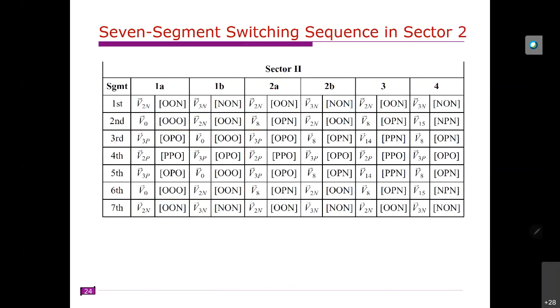Right. So this is the same example for sector 2. Again, sector 2 is divided into 1A, 1B, 2A, 2B, 3 and 4.